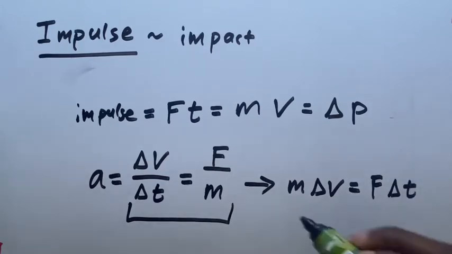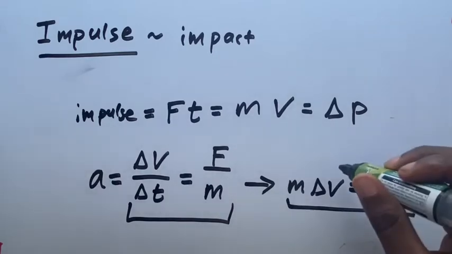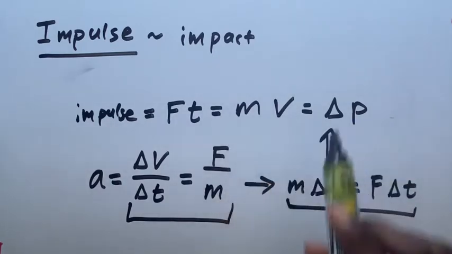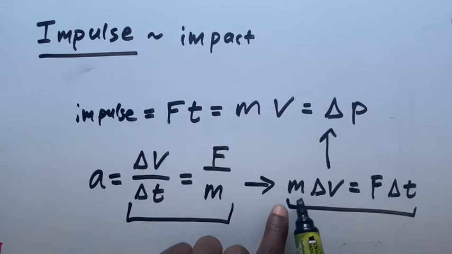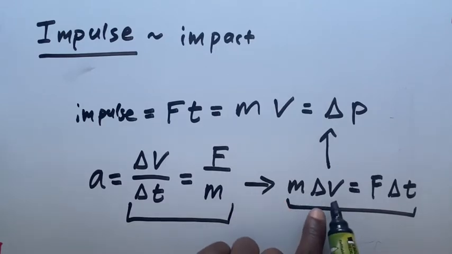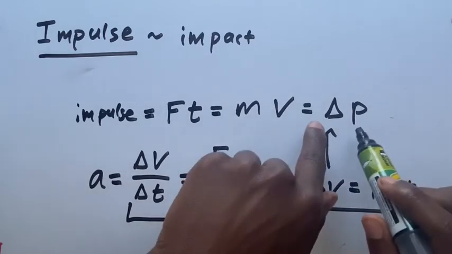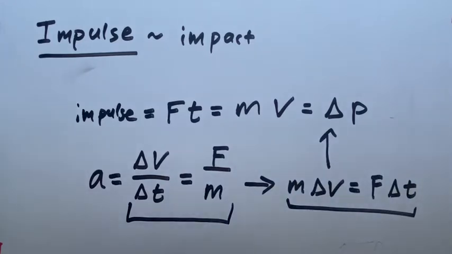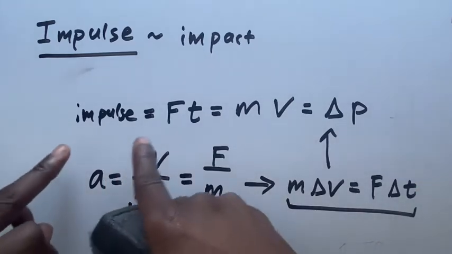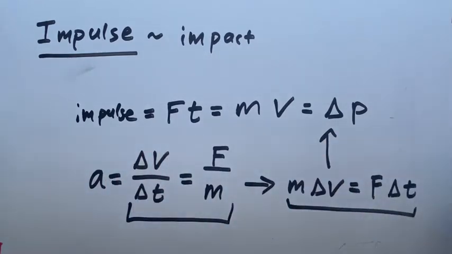And so now we see we basically have what I wrote up above. And we know mass times the change in velocity is just the change in momentum. So that's how we get this impulse equation.